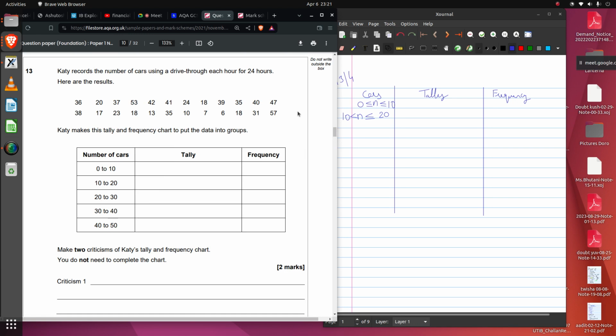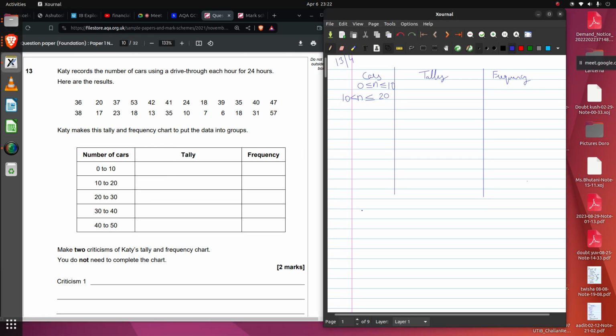Would you be able to write in proper sentences? Like, the numbers 53 and 57 cannot be taken into account in any of the groups.